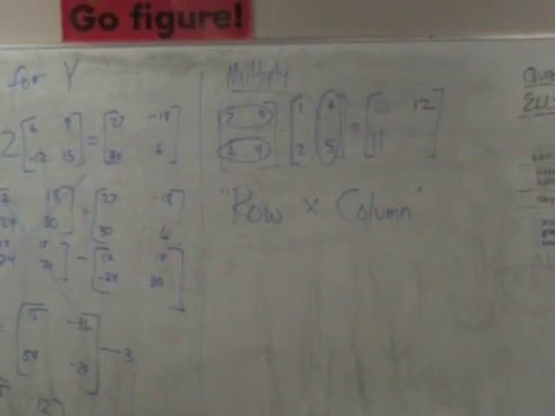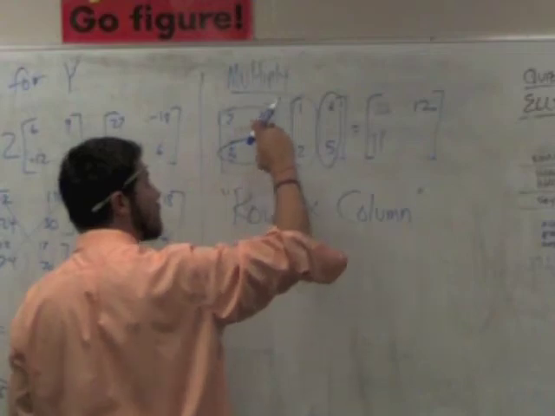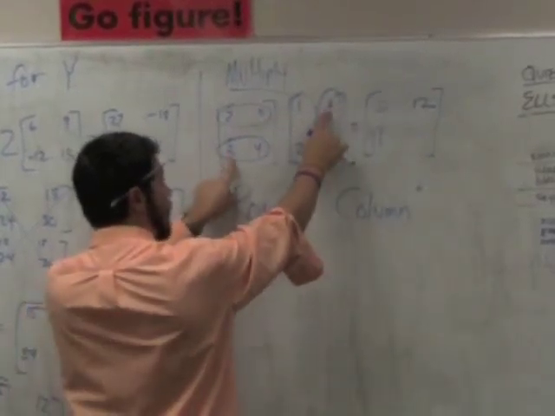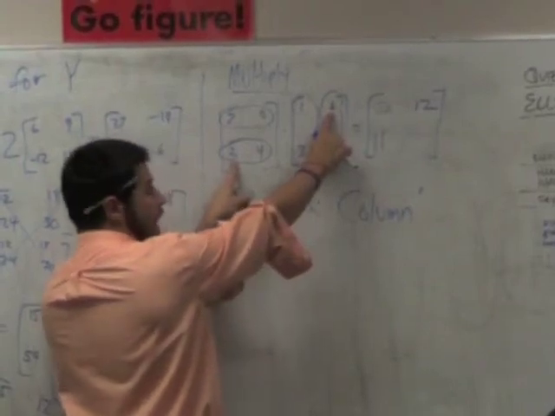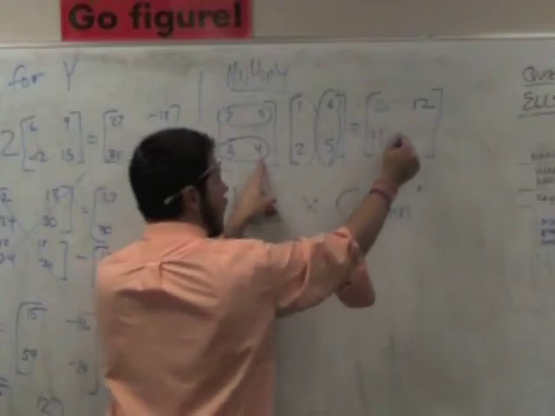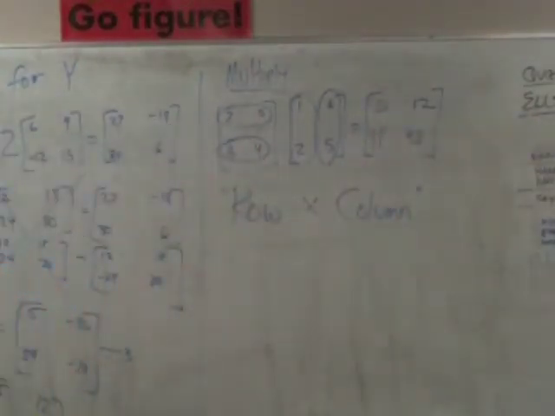It's tricky. The 3, 4 comes out and goes on top of the second column. You would have 18, plus 20. A 38 goes right there. That is how we matrix multiply.